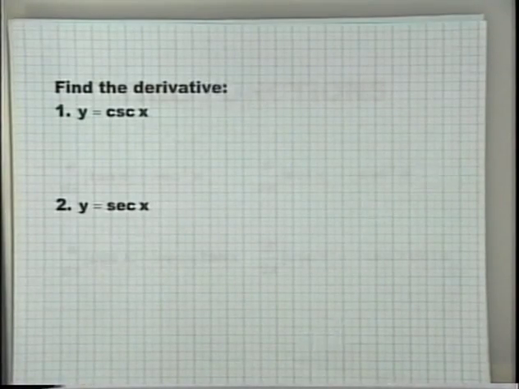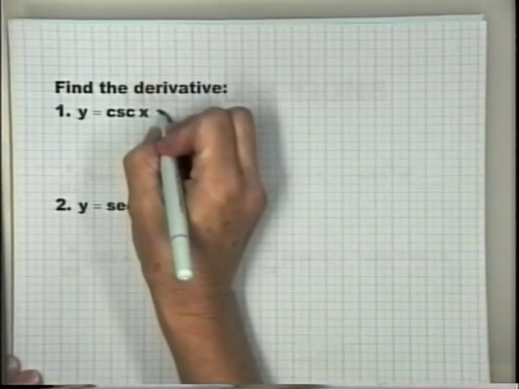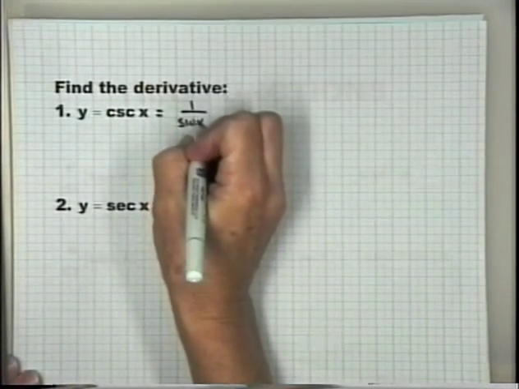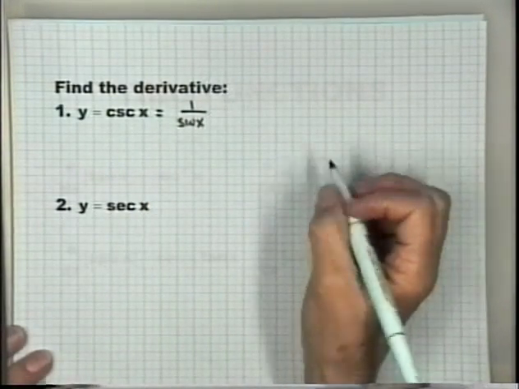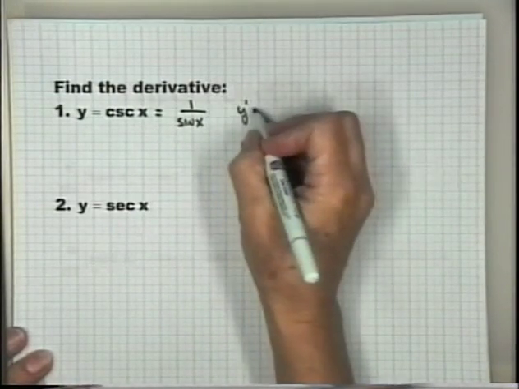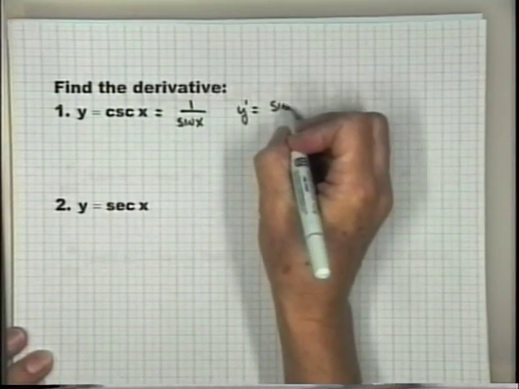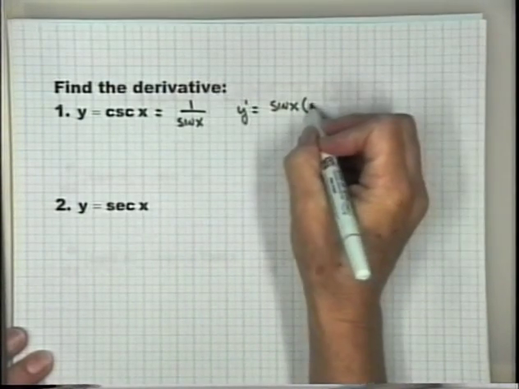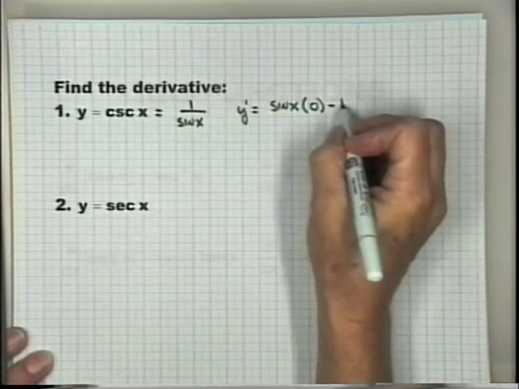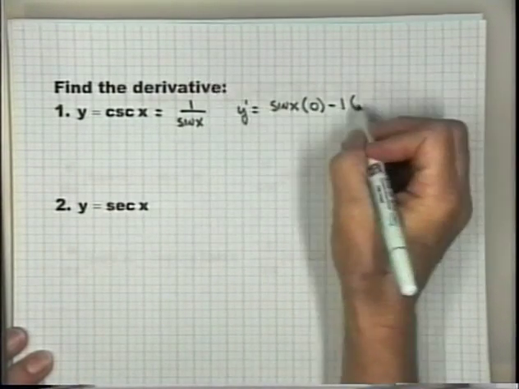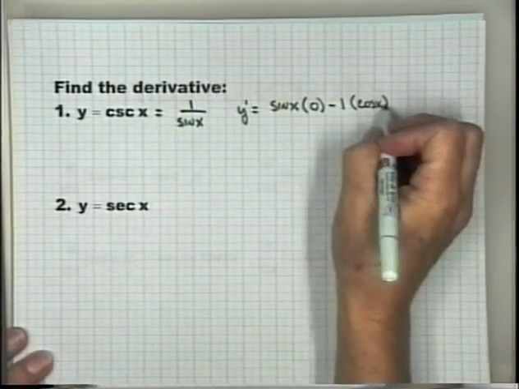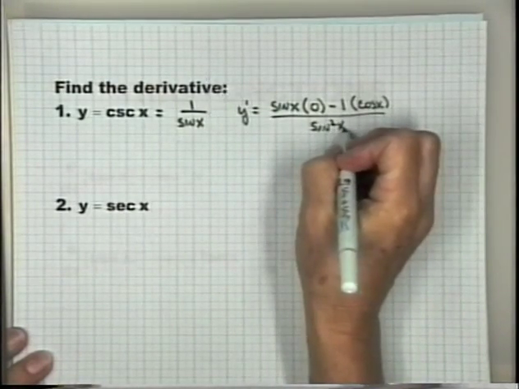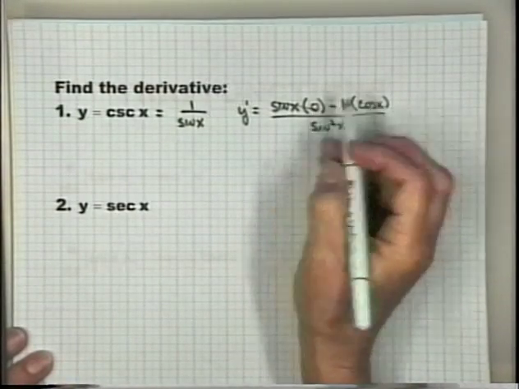Y equals cosecant x. Cosecant is 1 over sine. If I use the quotient rule on this, denominator sine x times the derivative of the numerator, derivative of 1 is 0, minus the numerator times the derivative of the denominator, that's cosine x, over denominator squared. Well, of course, sine x times 0 is a 0.